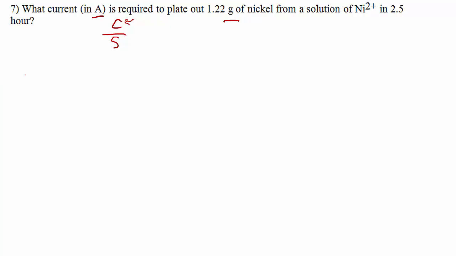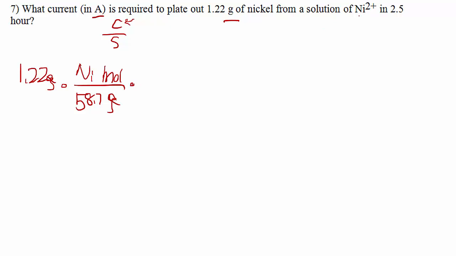So we got 1.22 grams, and I'm going to have to ask how many grams are in 1 mole of nickel. I look it up, it's 58.7 grams in 1 mole of nickel, so I'm left with moles of nickel. How many electrons is that?